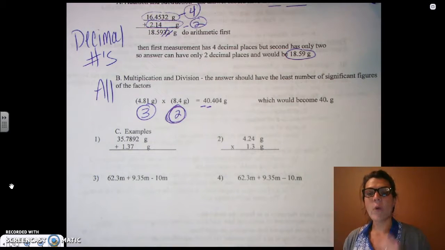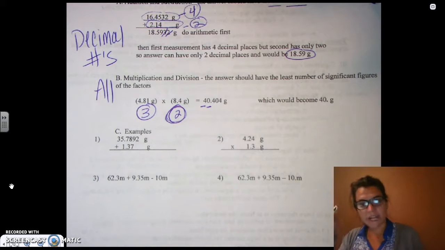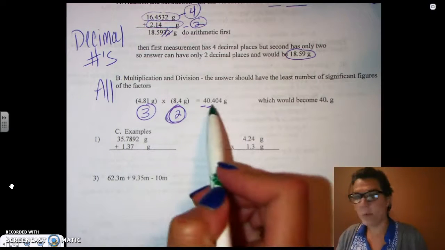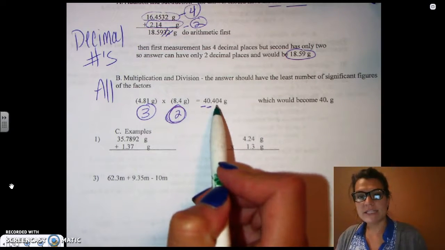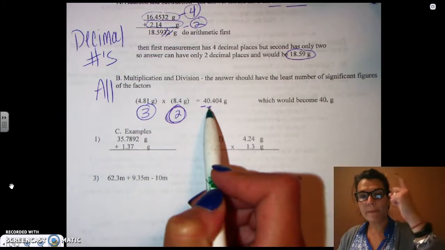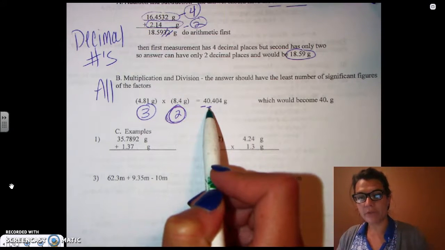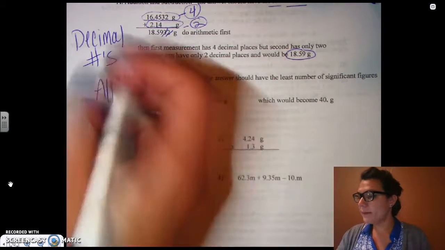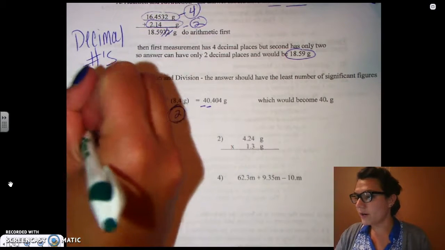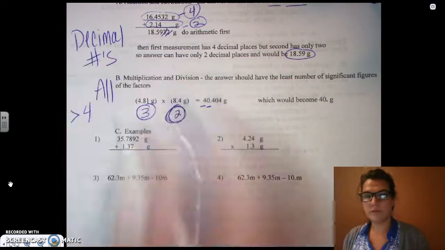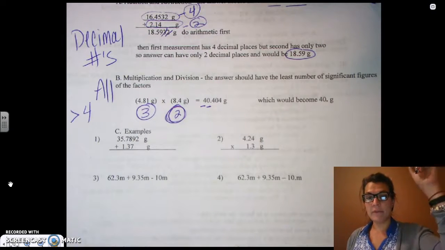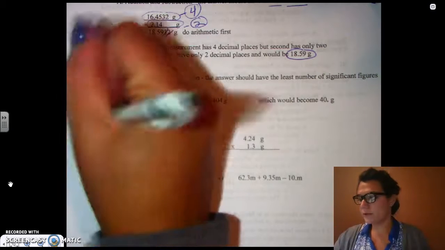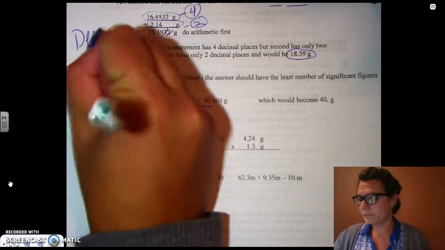However, I have to look at the next digit, so this 0.4, to see if it's going to round the 0 up or down. Okay? Now you need to remember your rounding rules. If it's greater than 4, so 5 and up, you round up, right? So you round up.